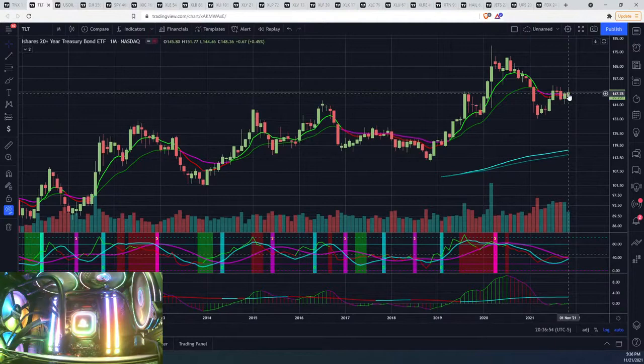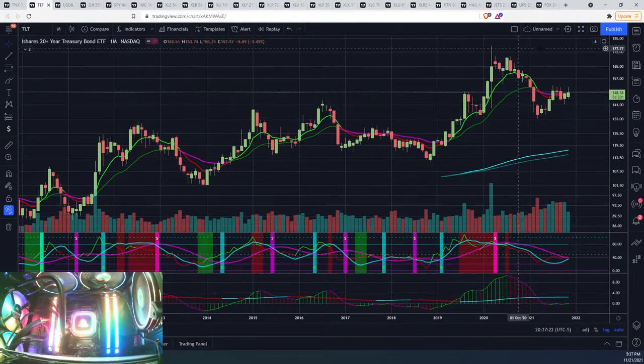But if we see in the monthly candle for the TLT, or whatever random treasury bond time frame you want to look at, it doesn't matter, if we see a massive candle come in on TLT, if we see a pushback up to like 155 or 157 or something like that, I am going to completely de-risk, expecting that this will be a massive stock market crash.